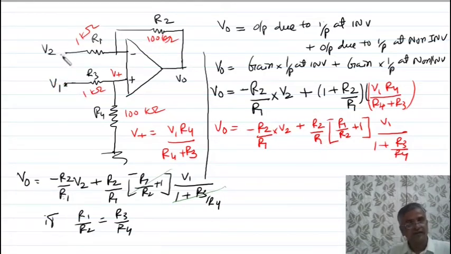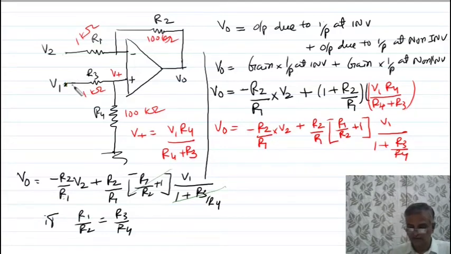So this loads heavily, so you will get input reduced due to the loading effect. So to avoid the loading effect, we have to use at this stage a buffer, or you can say voltage follower circuit. Here we have to use.